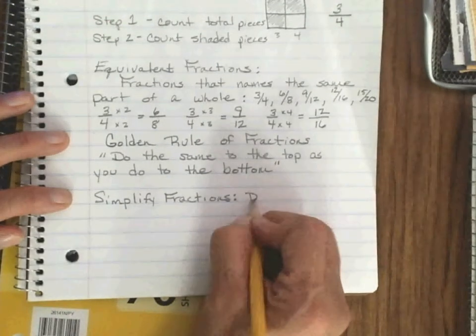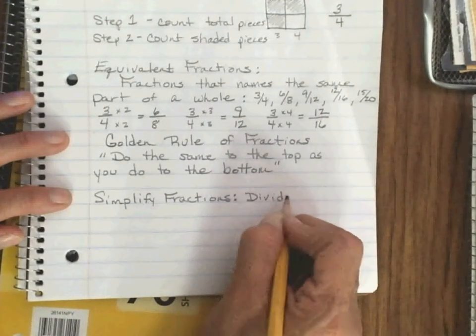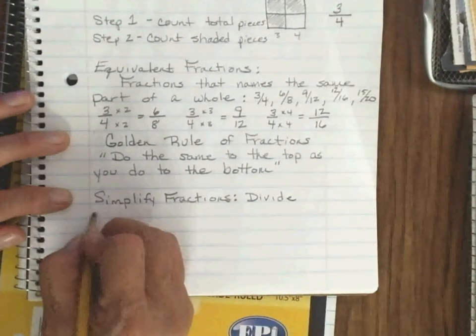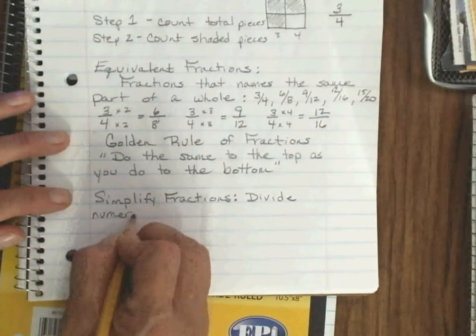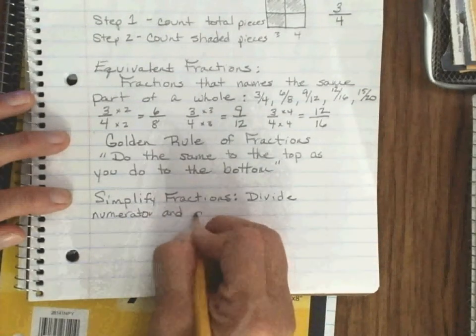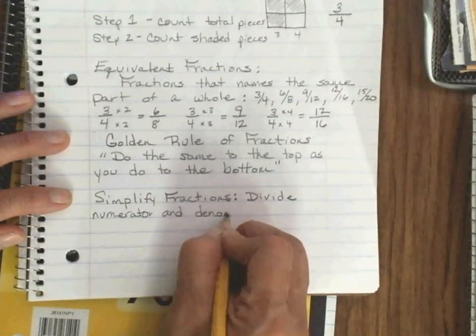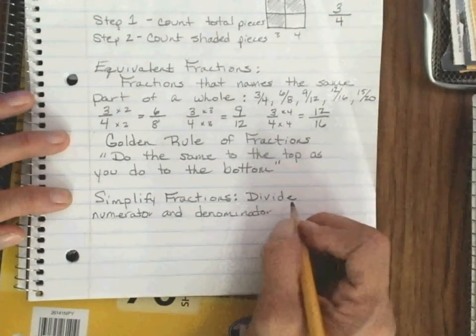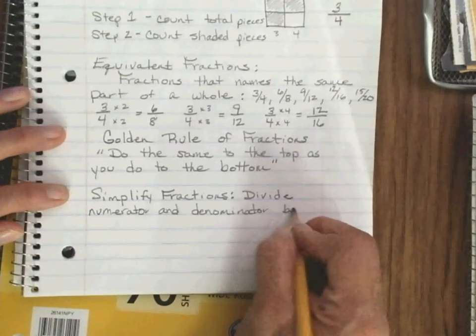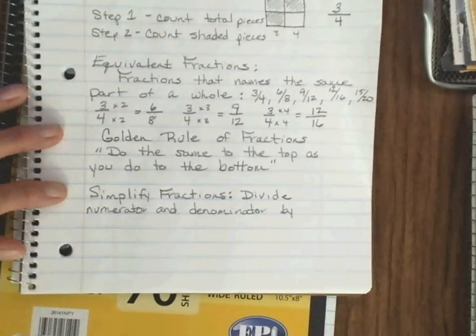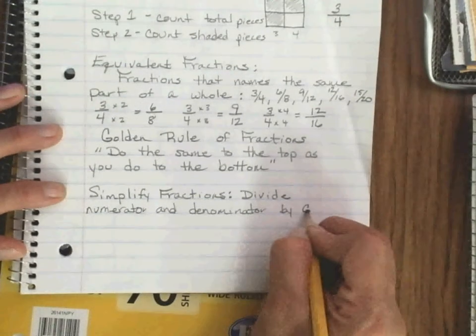Okay, so you simplify fractions by dividing the numerator and the denominator by the GCF, which is the greatest common factor, which we learned how to find earlier this week.